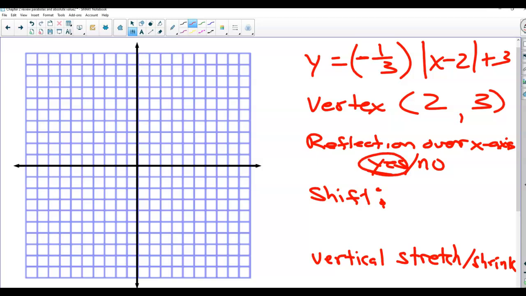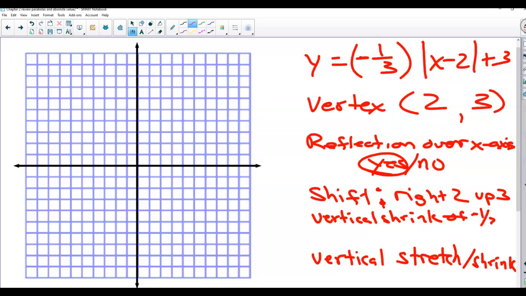The shift is going to be right 2, up 3, and vertical shrink of a negative 1/3. Or you could say vertical shrink of 1/3 and then reflect it over the x-axis. It's up to you whether you write it out in that fashion or you just write the negative 1/3. And it has obviously vertical shrink.